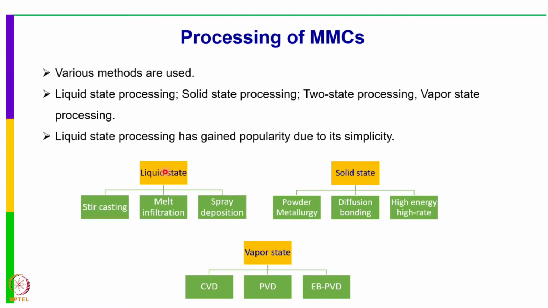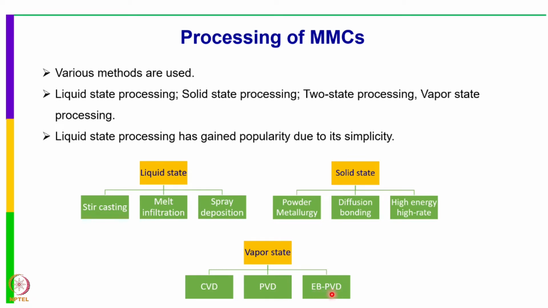In liquid state processing, you have these methods: stir casting, melt infiltration, and spray deposition. In solid state, you have powder metallurgy, diffusion bonding, and high energy, high rate processes. And in vapor state, you have vapor deposition processes such as chemical vapor deposition or CVD, physical vapor deposition or PVD, and electron beam PVD.